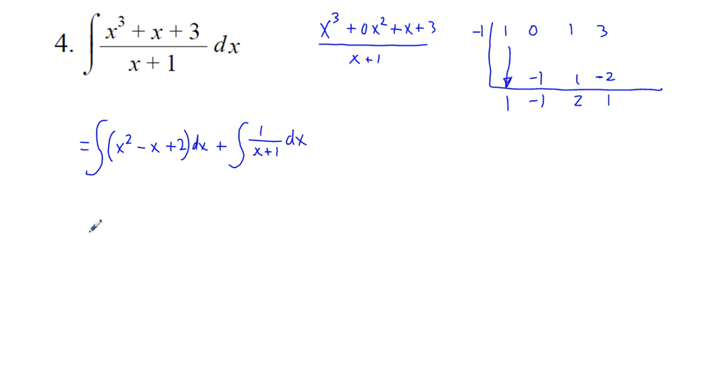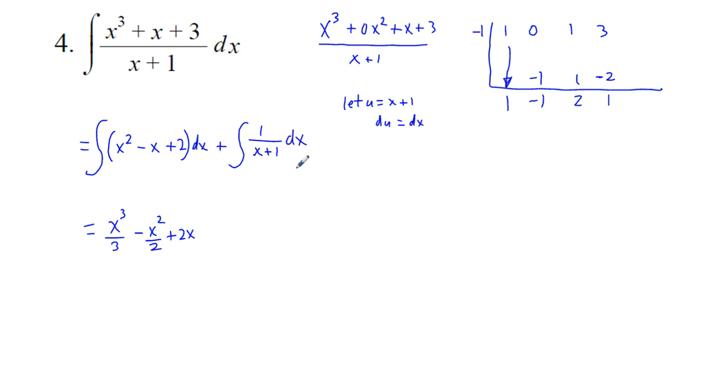So what we're going to get here, I'm going to just work below. Taking the integral, we're going to get x cubed over 3 minus x squared over 2 plus 2x. And then what we're going to do for this 1 over x plus 1, we're going to say let u equal x plus 1. So du is equal to dx.